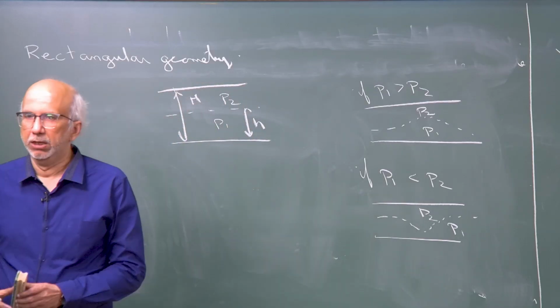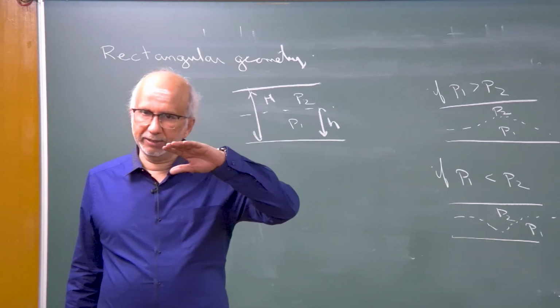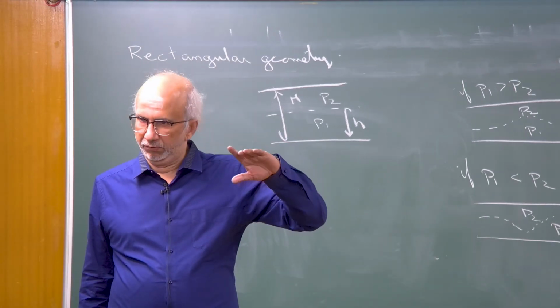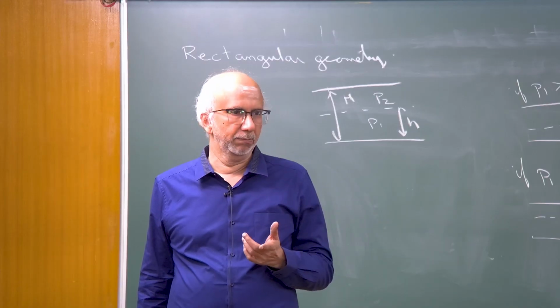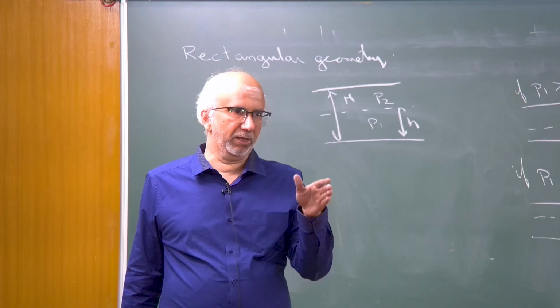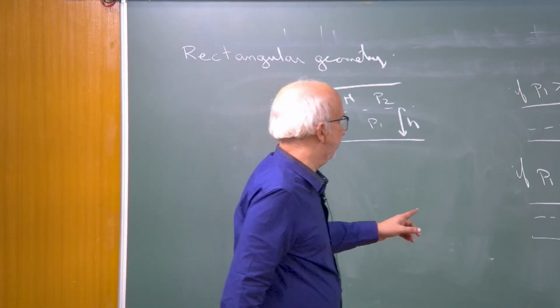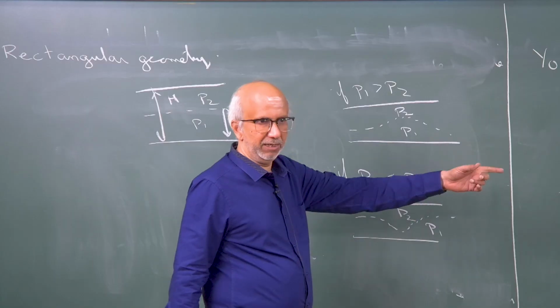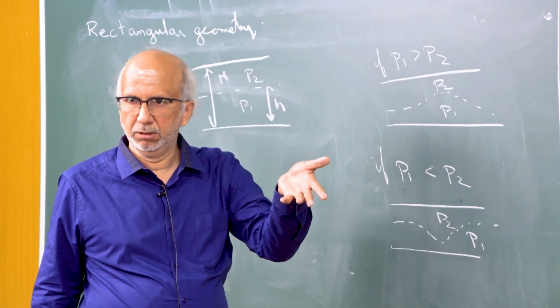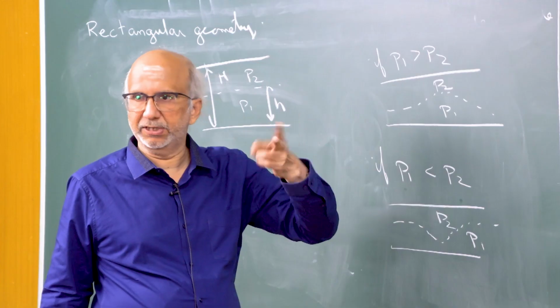Because we have assumed that the interface is flat, we were able to conclude that the pressures are equal. If the interface is going to be curved, that means there is a difference. In the cylindrical geometry, you had a curvature, therefore there was a pressure difference.